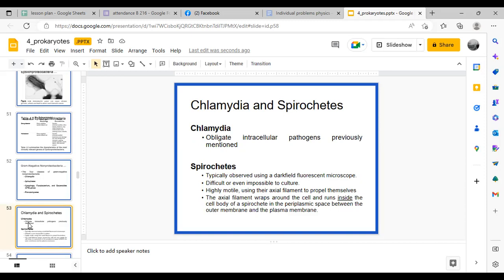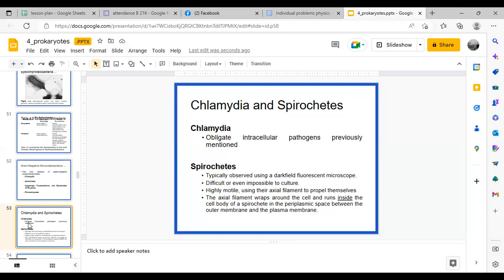You observe that in a dark field fluorescent microscope. They're difficult or even impossible to culture. So highly motile, so they're able to move around. So they use their axial filament to propel themselves.